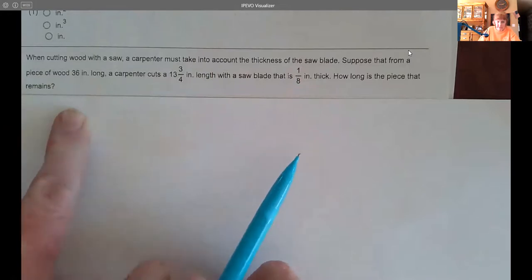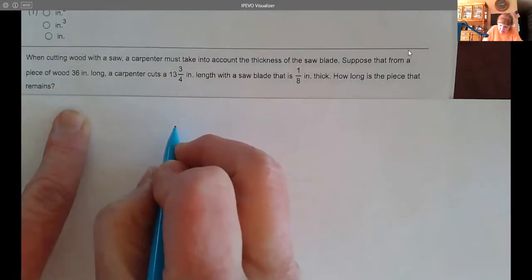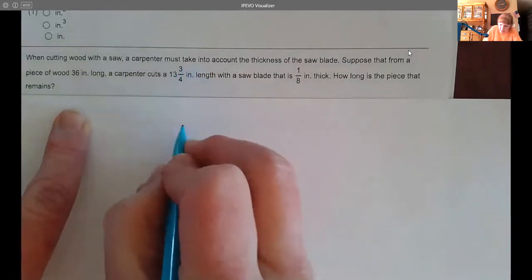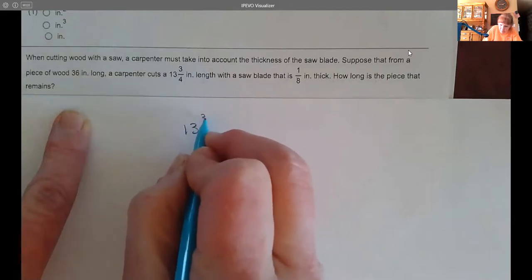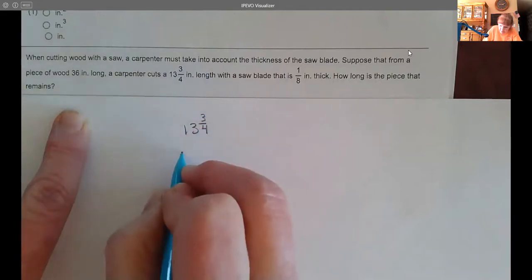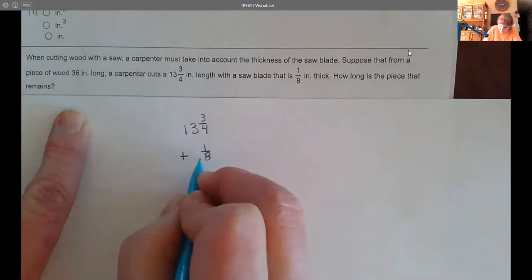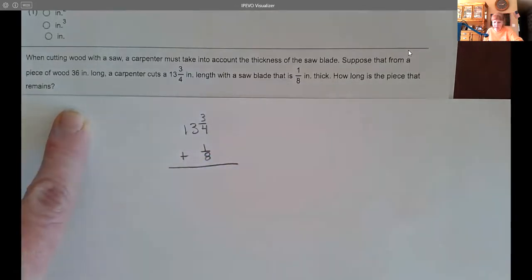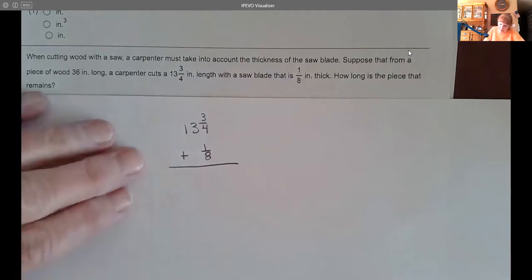Let's try that. So we've got 36. Well, no, let's go ahead and add these first. How much will we be cutting off? Okay, well, we're going to cut off 13 3/4 plus that width of the blade.